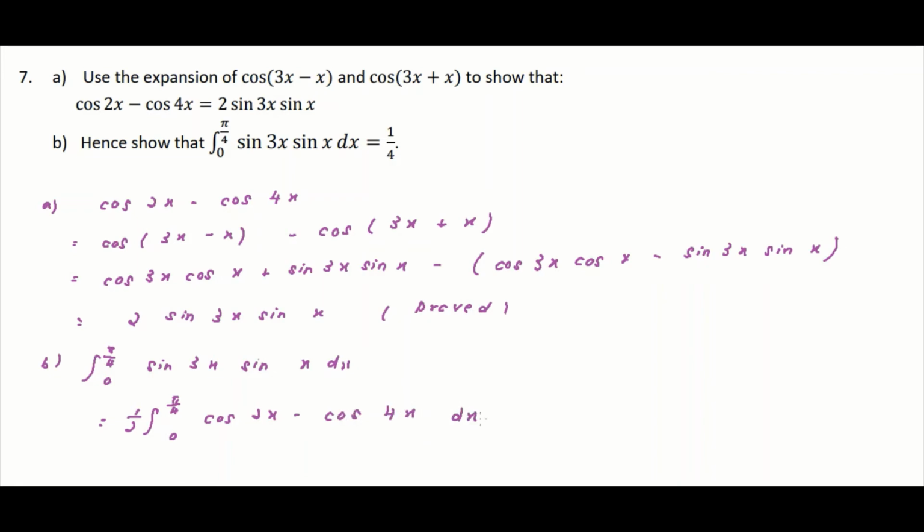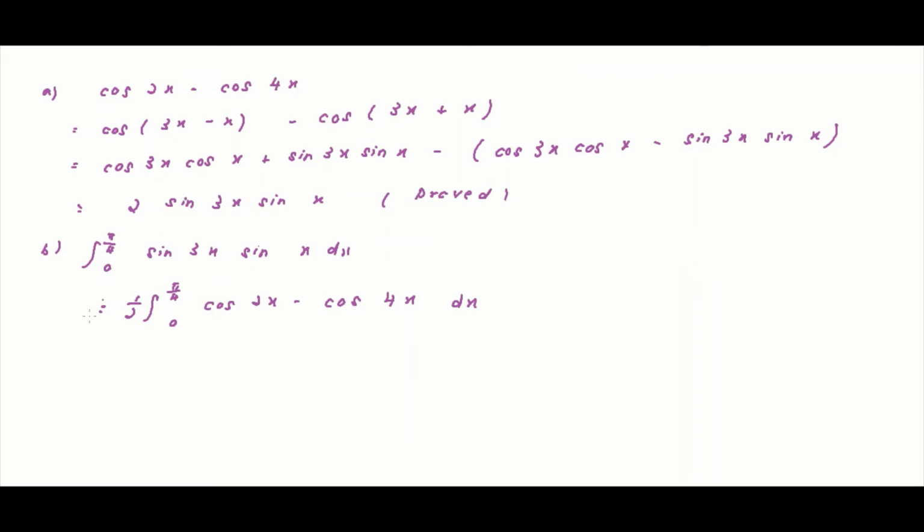Okay, so now we can do the integration. For 1 over 2, I think we can combine them together, it doesn't matter here. So 1 over 2, cos becomes sine, so 1 over 2 sine 2x minus 1 over 4 sine 4x. Okay, the range is 0 to pi over 4.